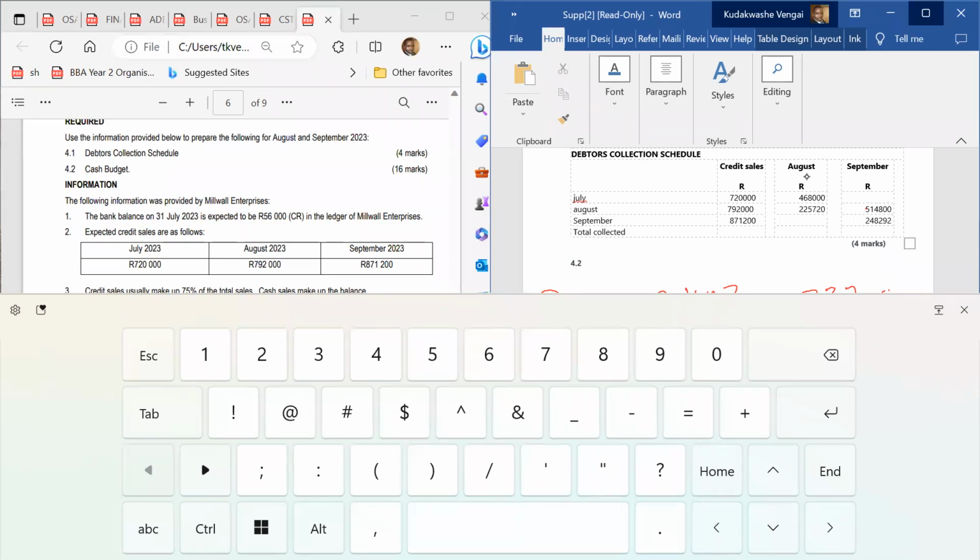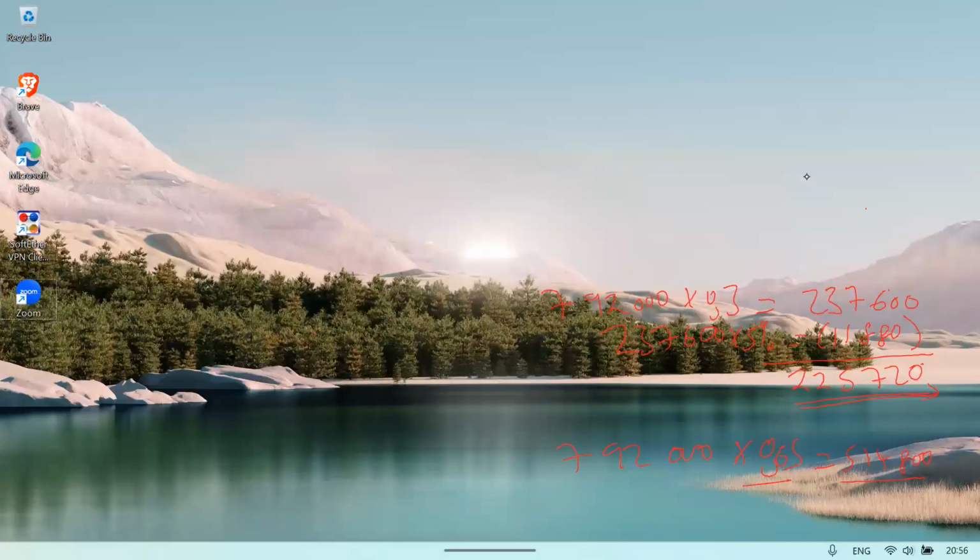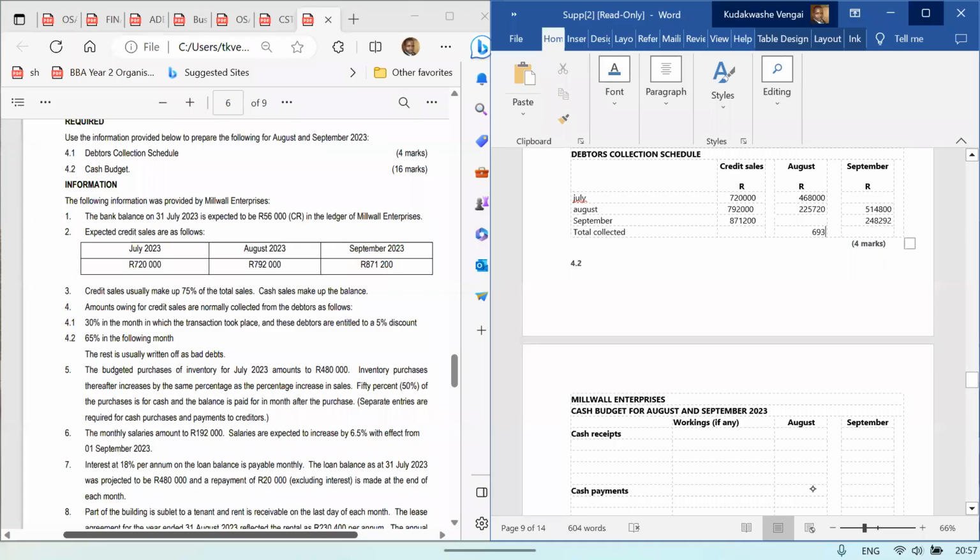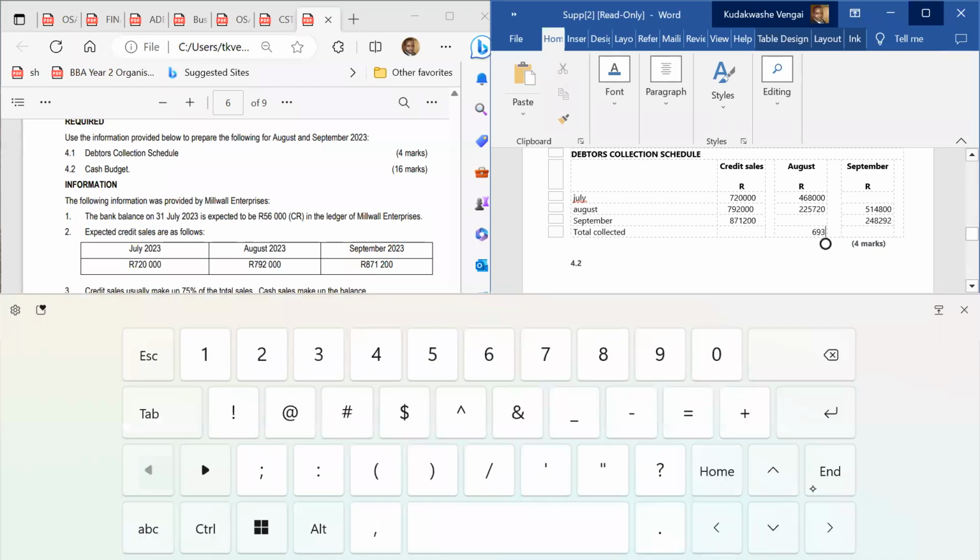And then we add our totals. We add everything for August, which is 468,000 plus 225,720, which gives us our total of 693,720.